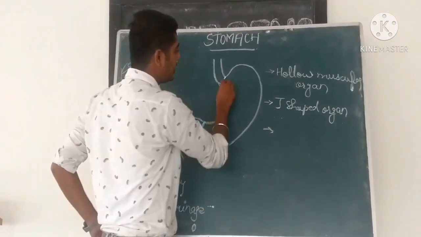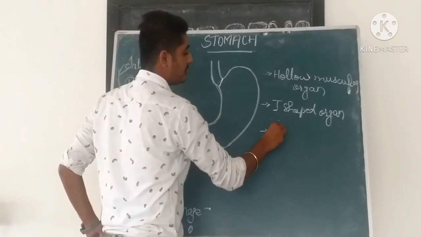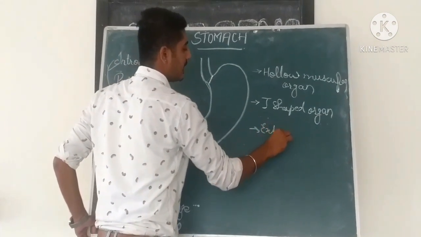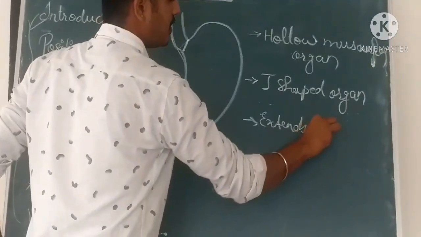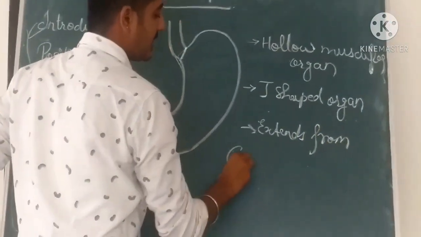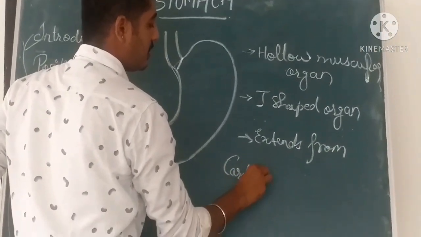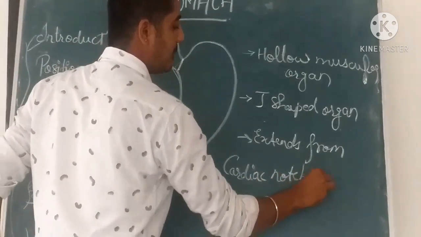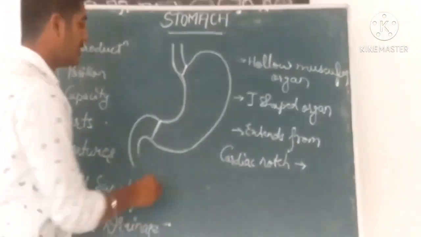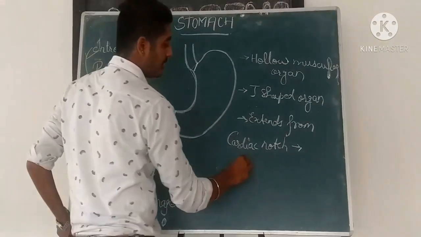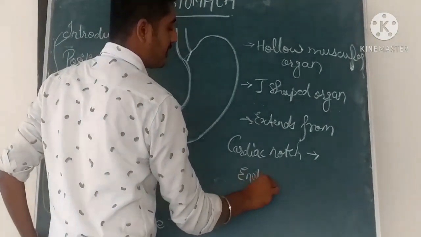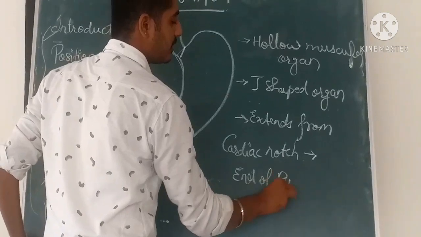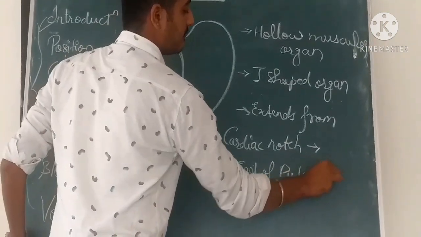So we can say that it extends from the cardiac notch up till the end of the pyloric canal.